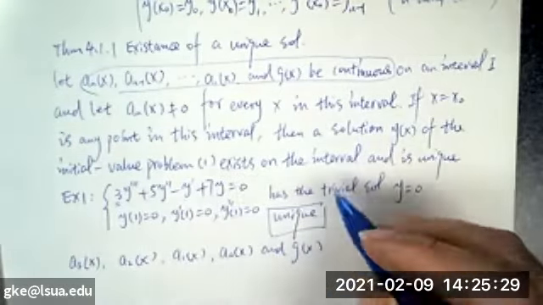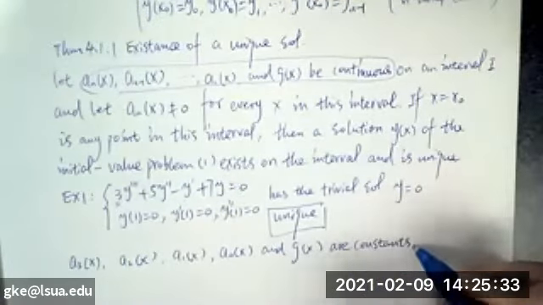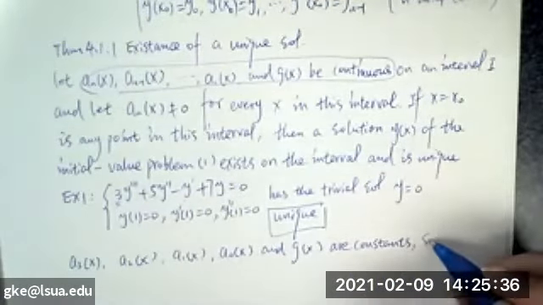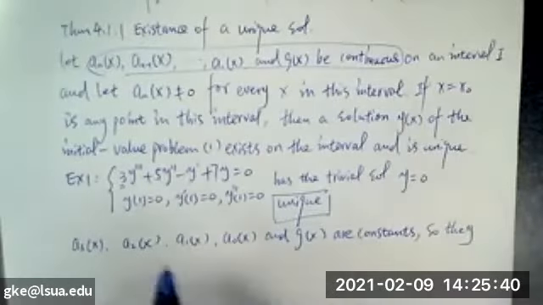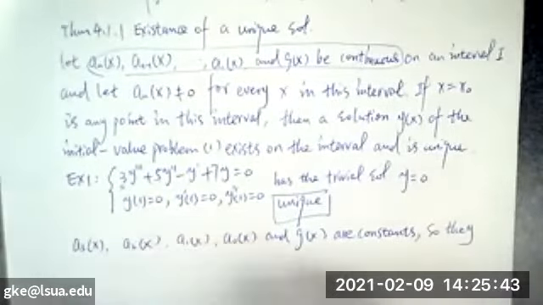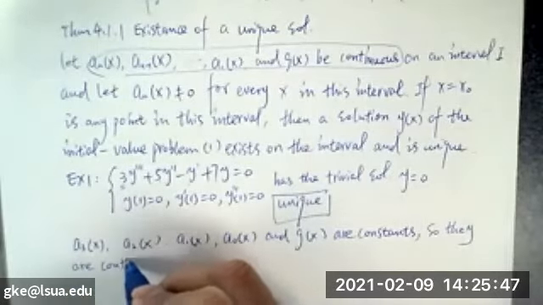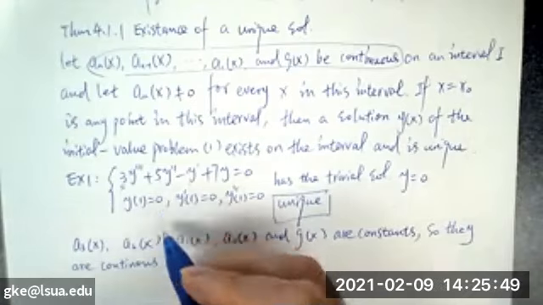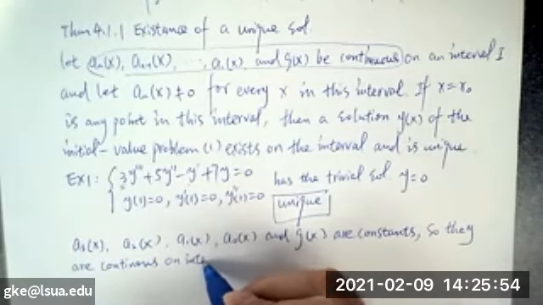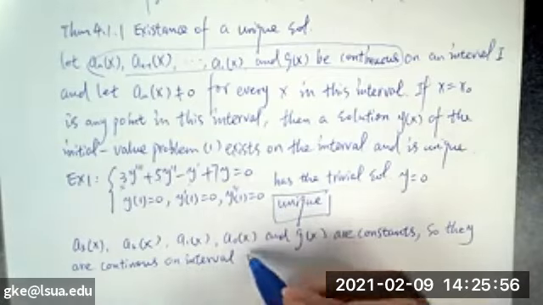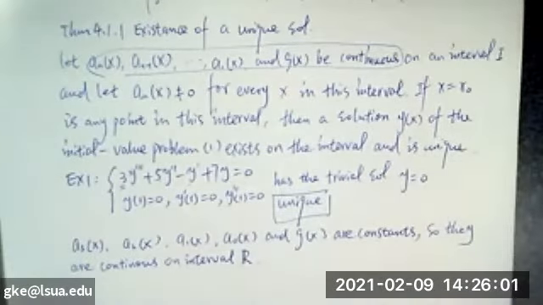They are constants, so they are continuous on the interval R. They are continuous because they are constant.